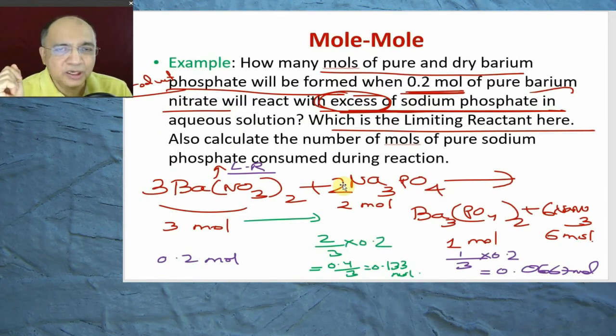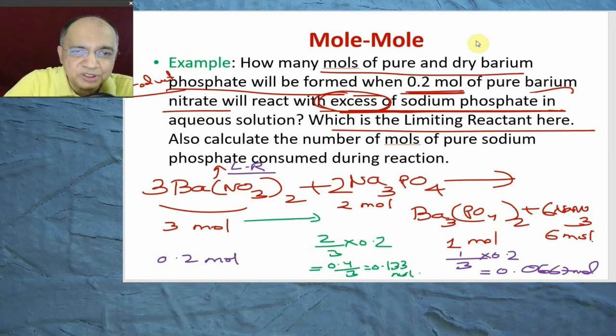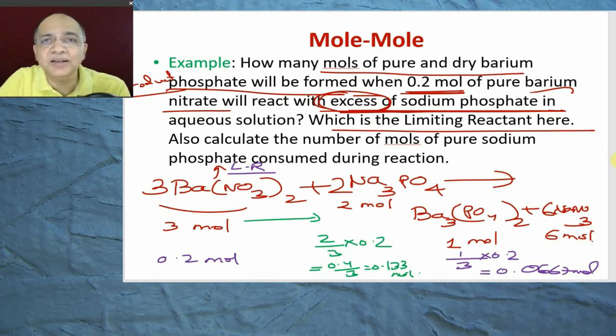Now, let us have some discussion about the mole volume, mass volume, and all that. I have just given one numerical to explain to you how easy these stoichiometric calculations are.